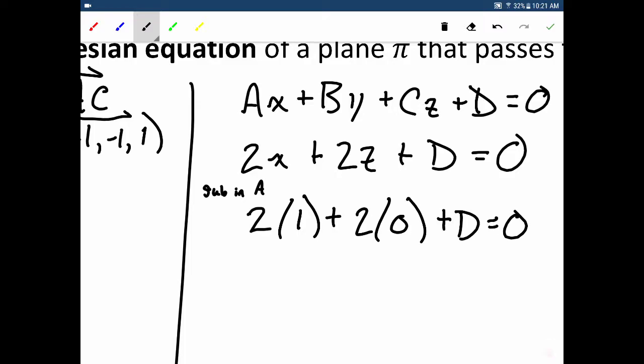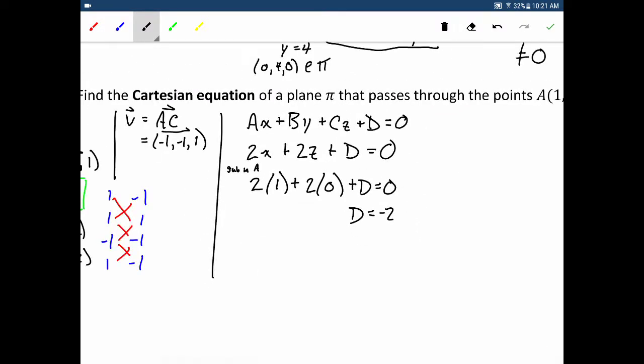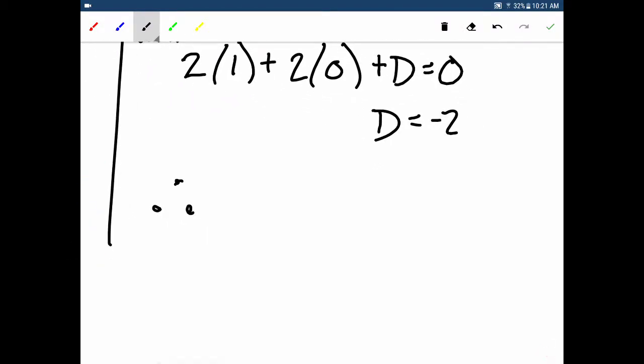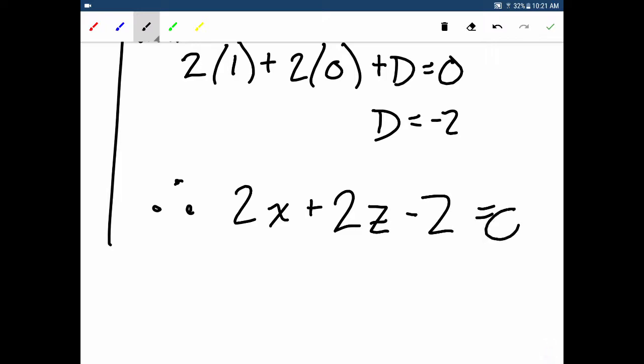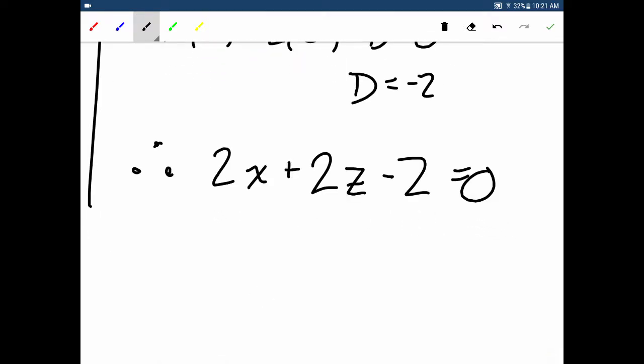So obviously 2 times 0 is 0, so we just get that D is equal to -2. So therefore our equation is just 2x plus 2z minus 2 equals 0.